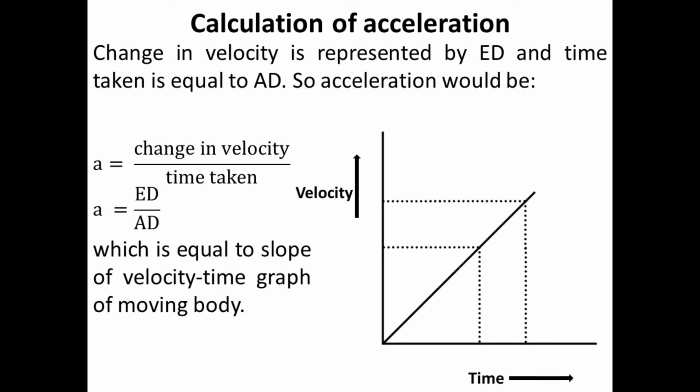Next is calculation of acceleration for an object moving with uniformly changing velocity using its velocity time graph. The initial and final velocity of the object are u and v respectively.